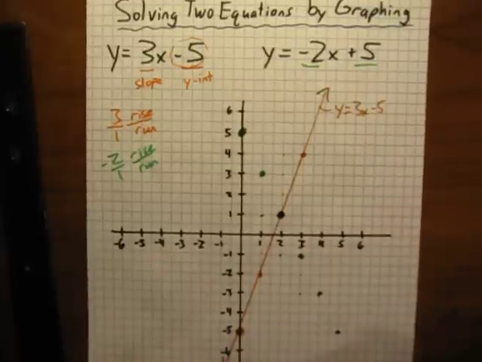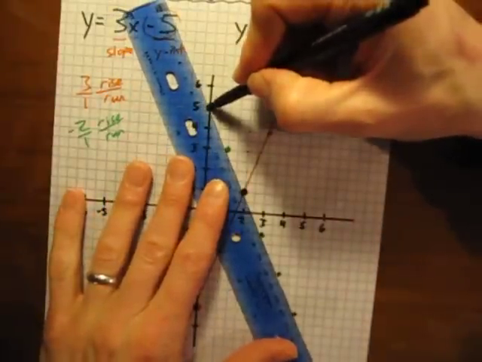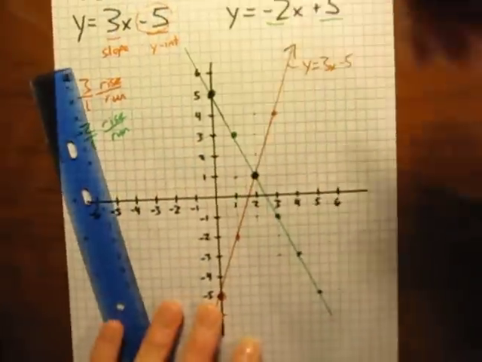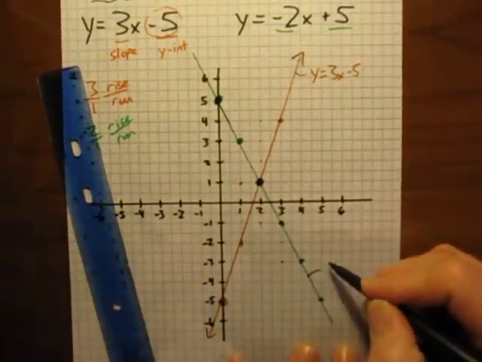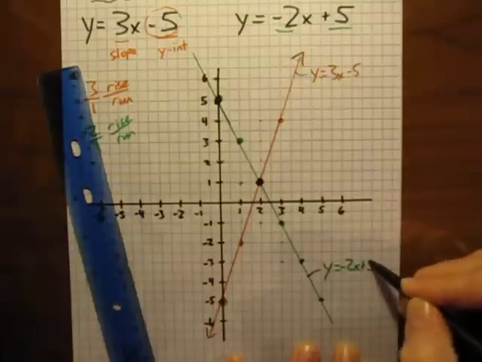And there's our line. So let's connect those points. So this is the line for the equation y is equal to -2x plus 5.